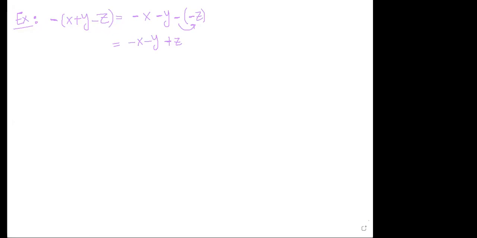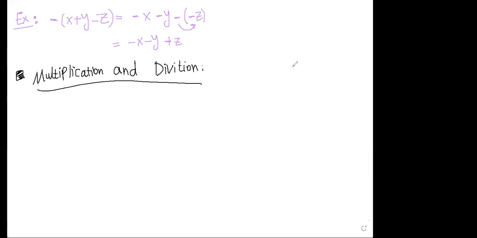Again, the real numbers have properties for multiplication and division. So we have some properties.